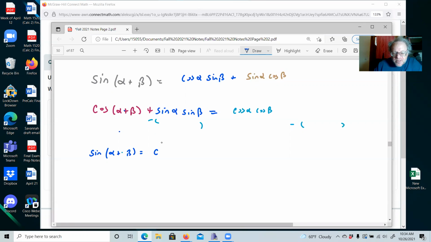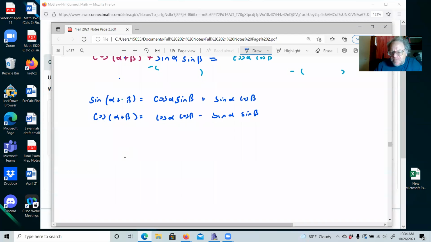Okay, so this is cosine alpha, sine beta plus sine alpha, cosine beta. And then we have cosine of alpha plus beta equal to cosine alpha, cosine beta minus sine alpha, sine beta. I'm going to write this one more time to summarize, the way you're going to see it in the book.